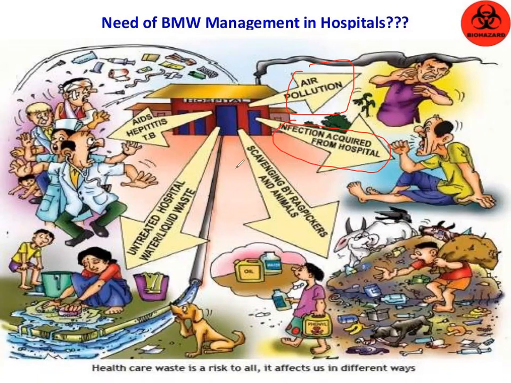Third, scavenging by rag pickers and animals. Rag pickers who collect the waste, or animals, they eat the waste that is dumped at the places. That may create several health-related problems. If they are toxic in nature, if they spread the diseases, then it will be harmful to the animals and human beings.